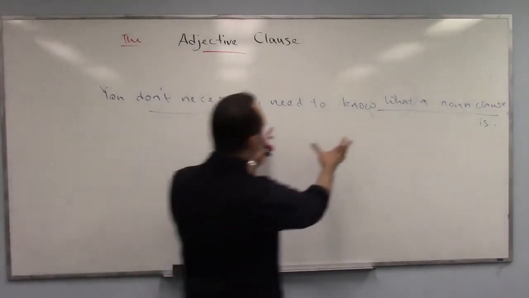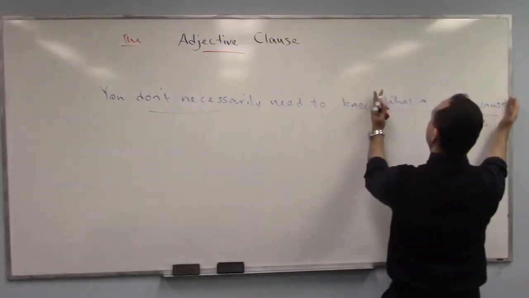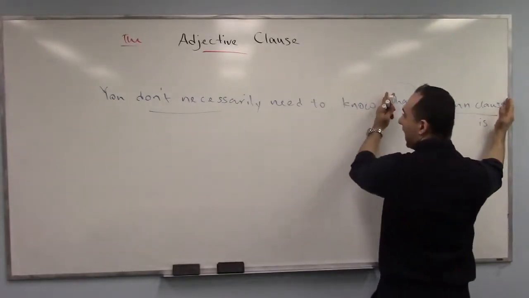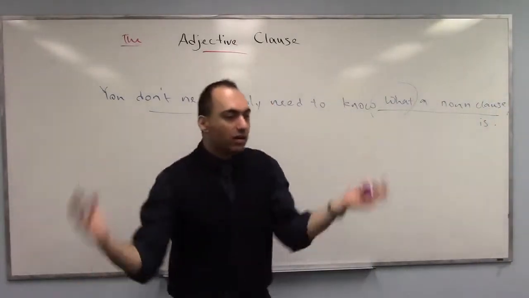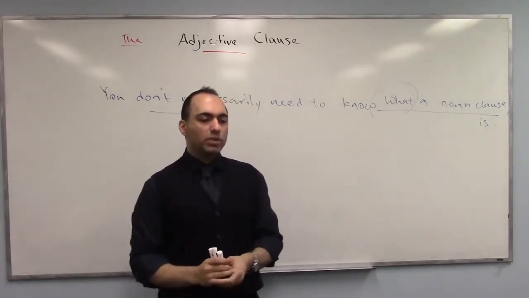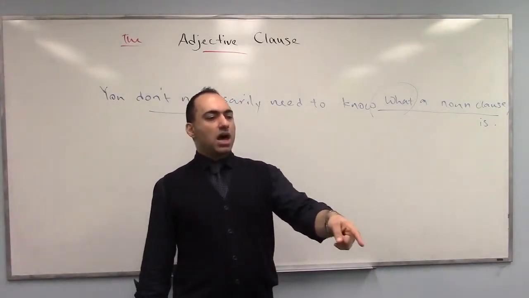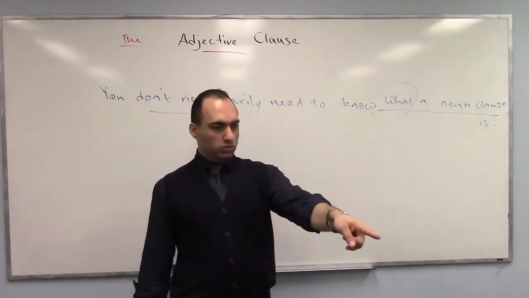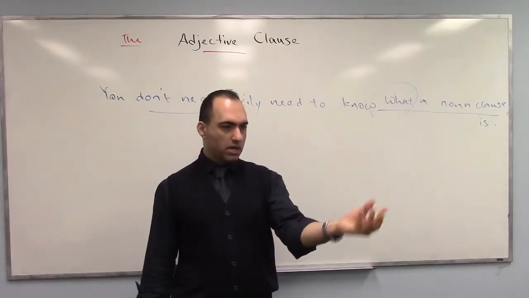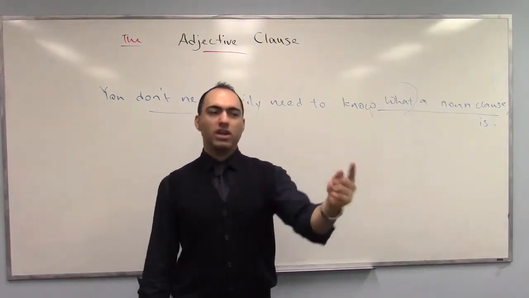You don't know something, right? This whole clause is right now acting as a noun in this sentence. That's why it's a noun clause. Because I would say, I know you. You is a noun. I know somebody. I know what you're thinking.